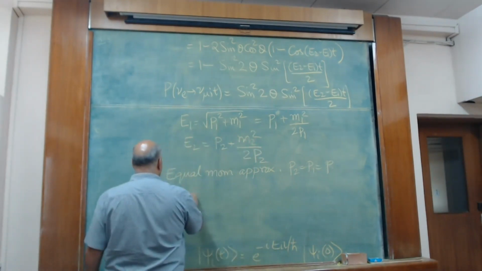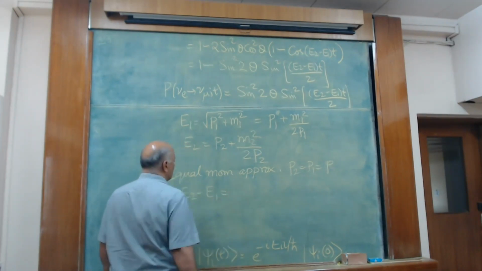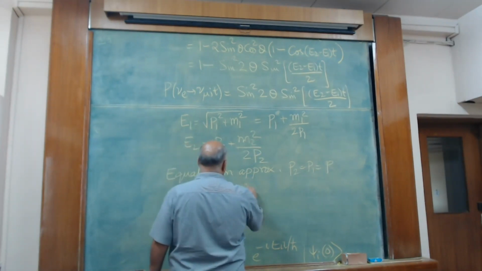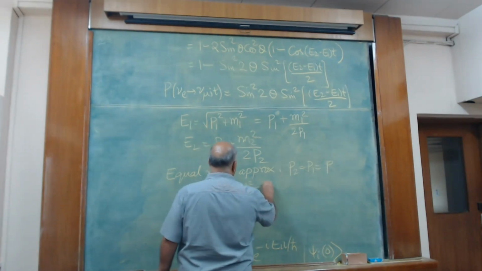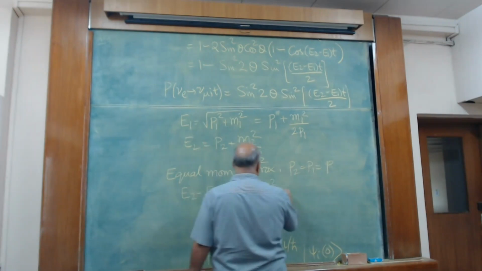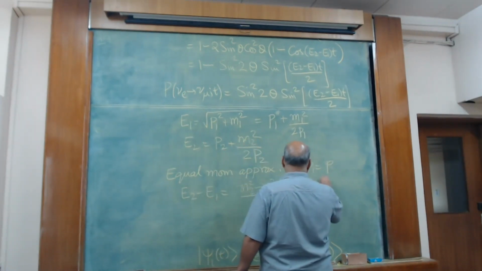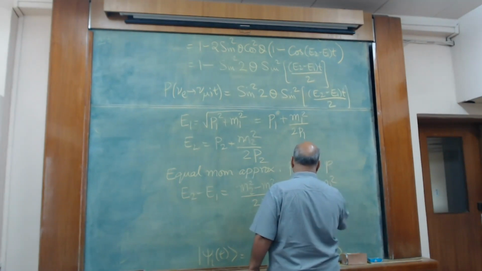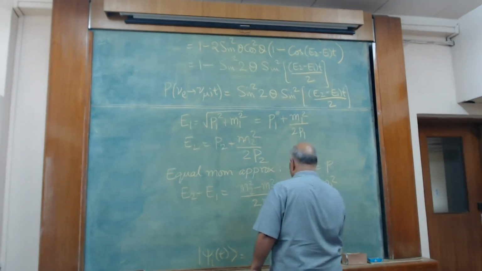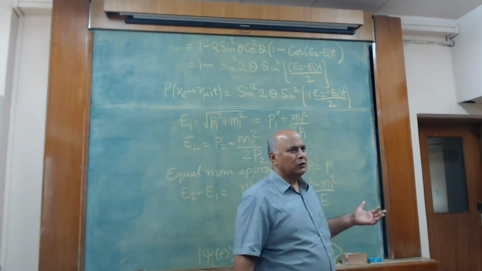So we have E2 minus E1 is equal to M2 squared minus M1 squared by 2P, which we now approximate as M2 squared minus M1 squared by 2E, where E is the average energy of the neutrino.